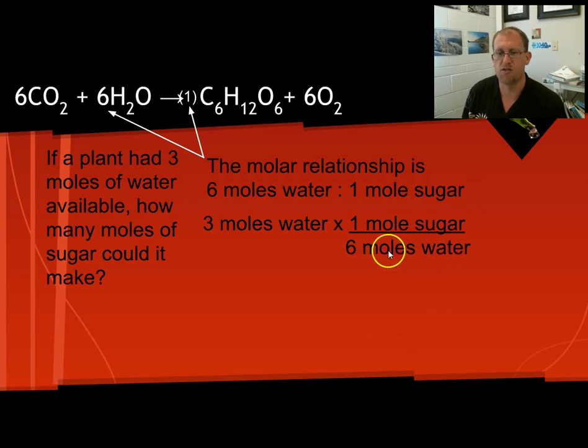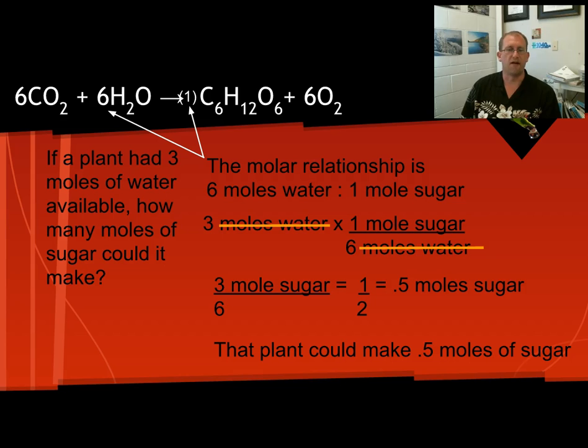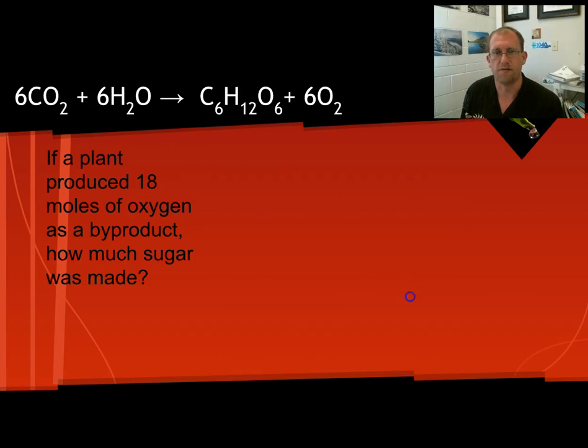Put the same thing that you've got as this term on the bottom so that they cancel out. Multiply across and divide. 3 divided by 6 is 1/2 or 0.5. So you have half of a mole of sugar made from your water. The plant could make 0.5 moles of sugar.